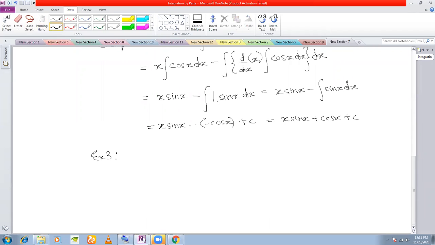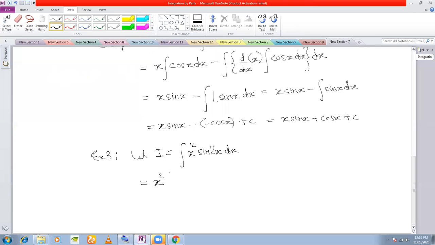Example 3. Let I is equal to integral of x square sine 2x dx. Again, algebraic and trigonometric. So algebraic has to be the first function.